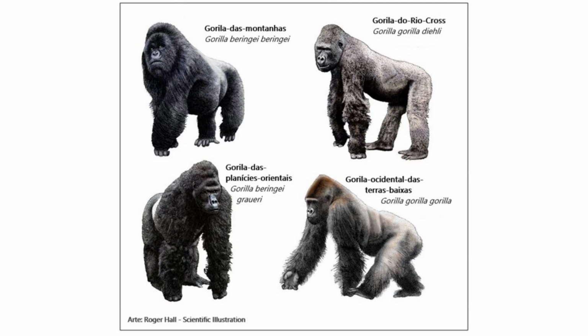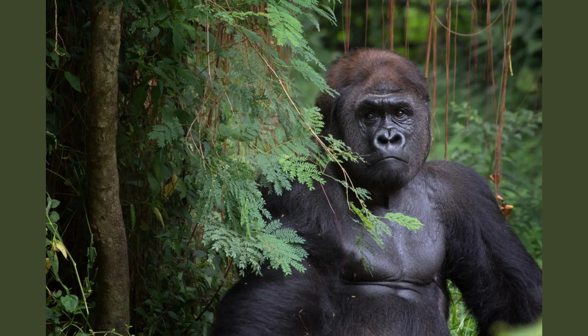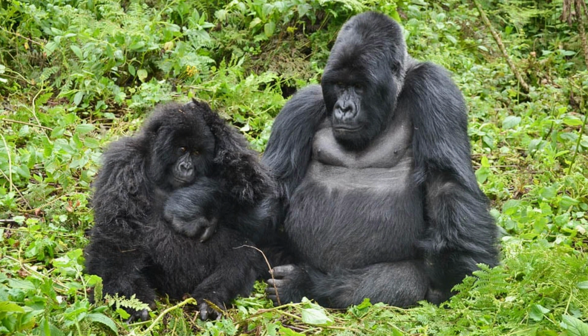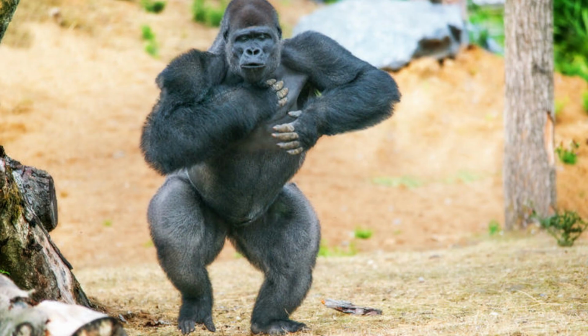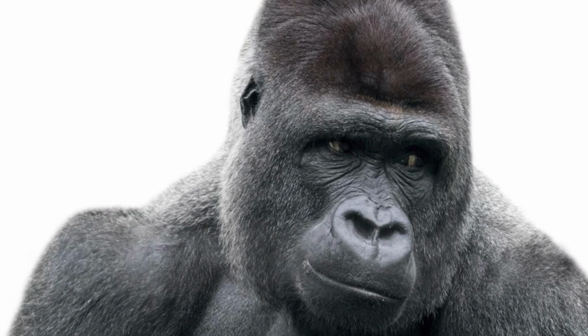Adult males can reach an impressive 1.8 meters, 5.9 feet, in height and weigh over 200 kilograms, 440 pounds, while females are smaller, about half the weight of males. They have long, muscular arms, relatively short legs, and a characteristic face with prominent brows, a wide muzzle, and large nostrils.